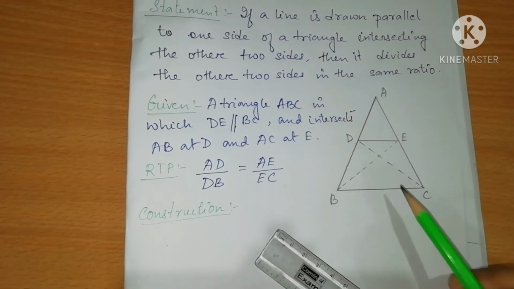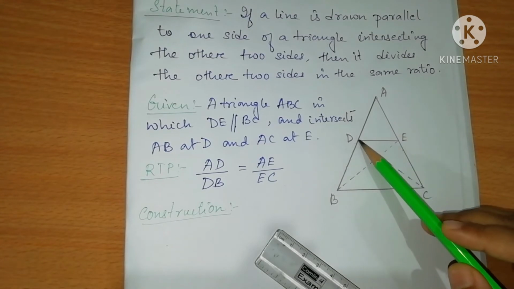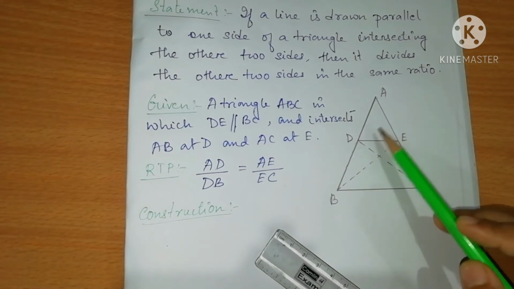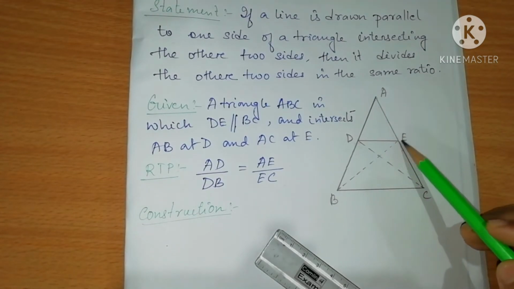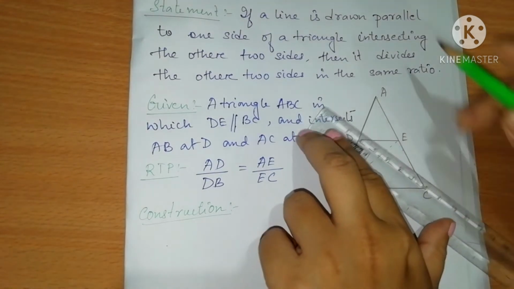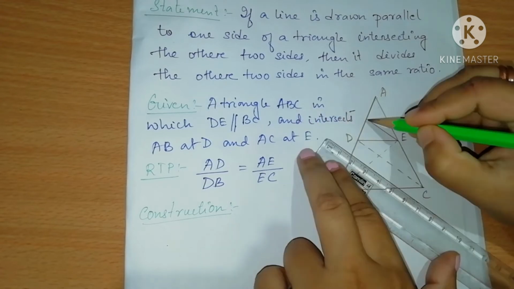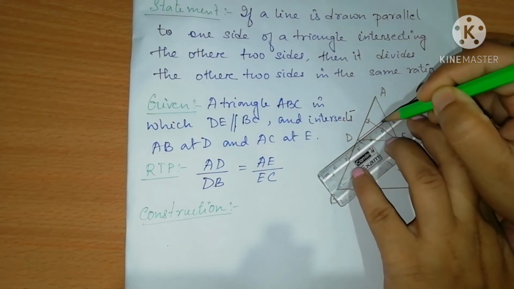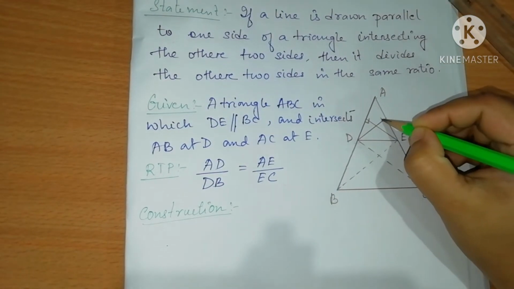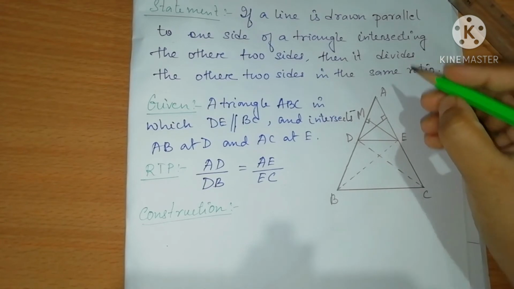So we'll join DC and BE, and also we'll draw perpendiculars from D to the other side AE and from E. So let me draw a perpendicular, ML.